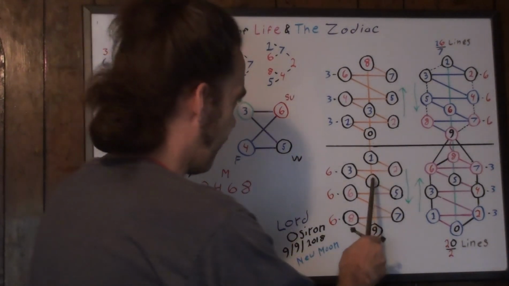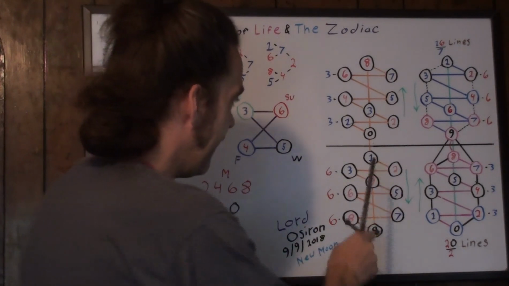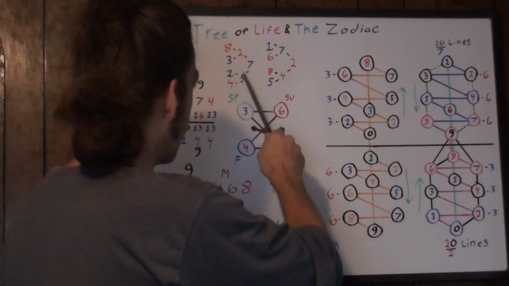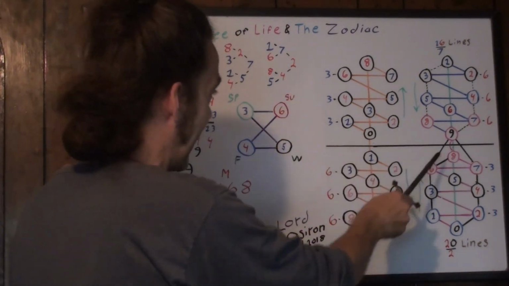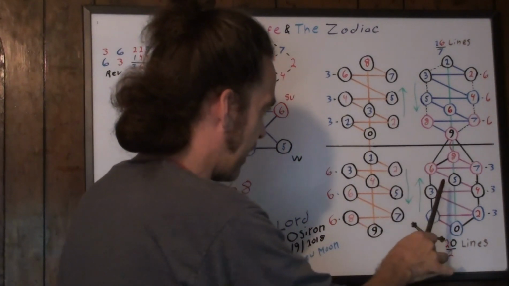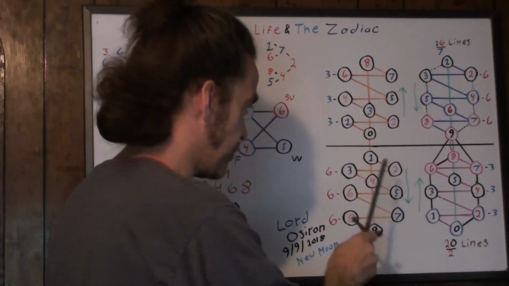So you have the 4 and the 5 for the heart here, but when you add the numbers totally, it forms its reverse. So the 1 and the 4 become 5, and then if you add the 8 and the 5, that ultimately reduces to a 4. So you have the 4, 5 for the heart, but when you add all the numbers in the middle pillar, it shows its reverse of 5 and 4.